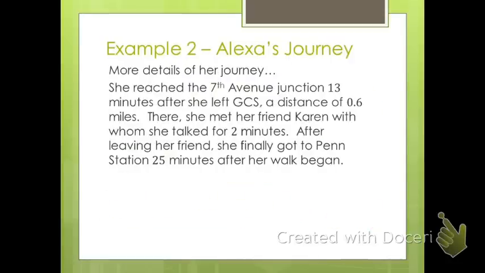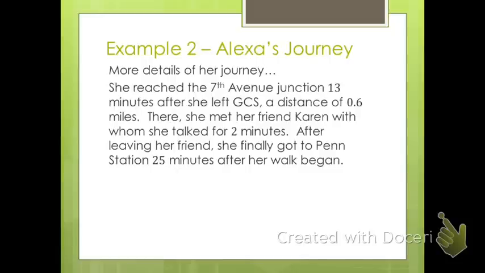Okay, so here's more details. She reached the 7th Avenue Junction 13 minutes after she left Grand Central Station, a distance of 6/10 miles. There she met her friend Karen, with whom she talked for 2 minutes. After leaving her friend, she finally got to Penn Station 25 minutes after her walk began.